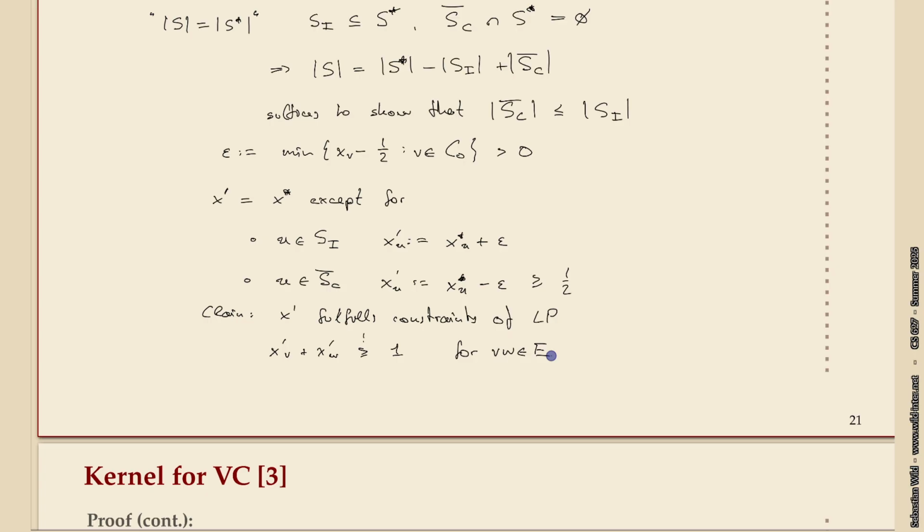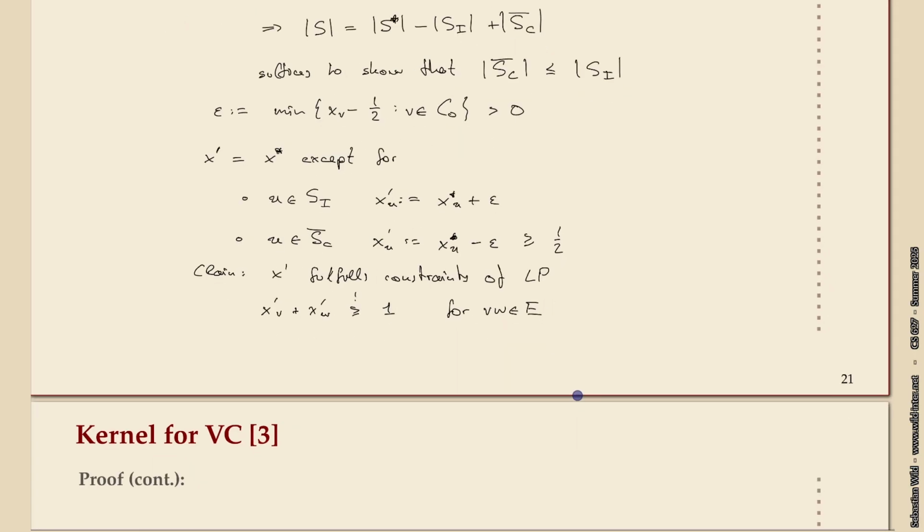Okay, maybe I'm running out of space here. Now, where could this be violated? It's an inequality, so it's only going to be a problem if I make variables smaller. So it'll only affect edges that have some endpoint in SC bar.